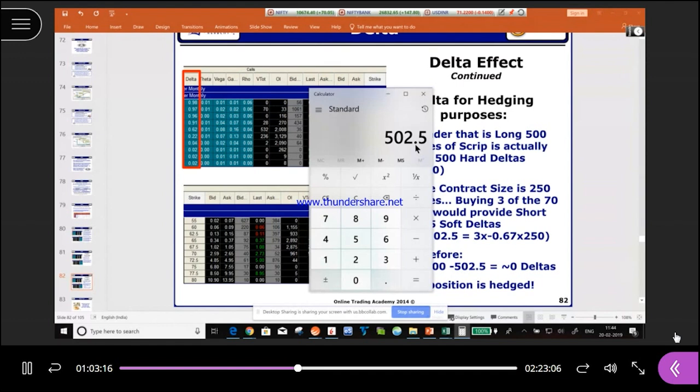So as the put goes up, will the put delta also change? Let's say after a certain drop, the put delta now becomes 0.8. So each lot is going to hedge how many shares? 200 shares. Okay, so let me take maybe 0.9.